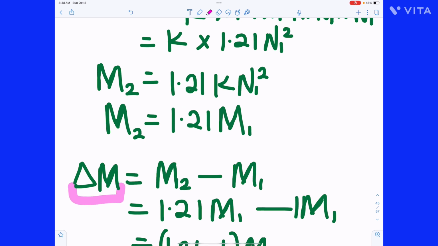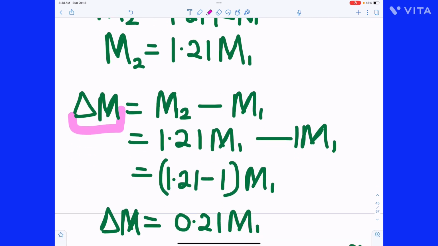Change in m is equal to m2 minus m1. That gives 1.21 m1, because m2 is 1.21 m1. So change in m will be 1.21 m1 minus 1 m1.